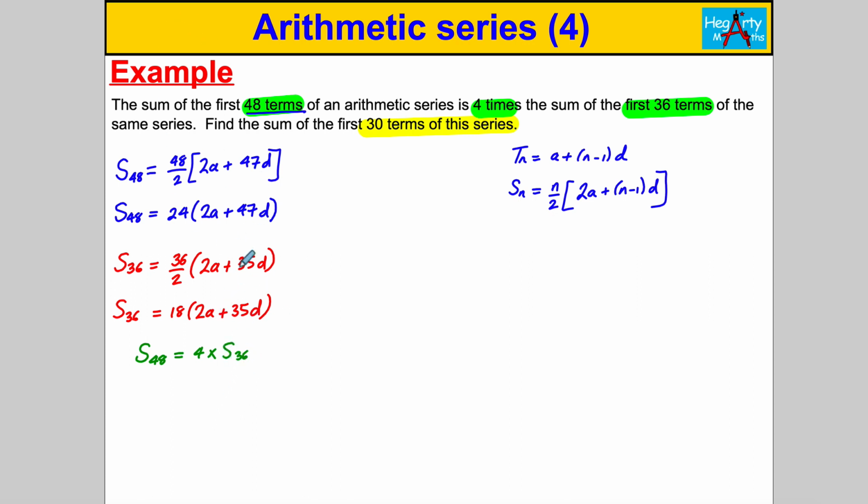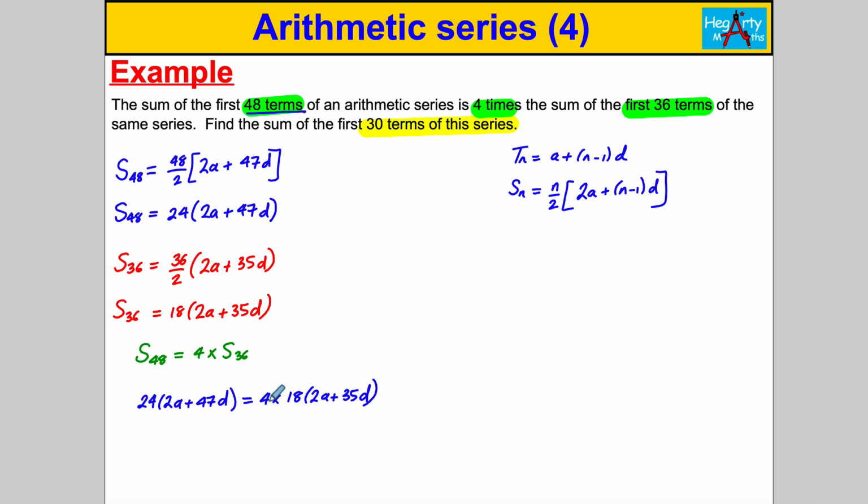So using the expressions we've got here, we can say that 24 bracket 2a add 47d is going to be equal to 4 lots of this. So 4 lots of 18 bracket 2a plus 35d. Now, the numbers involved are quite large here, and it's getting quite complicated.